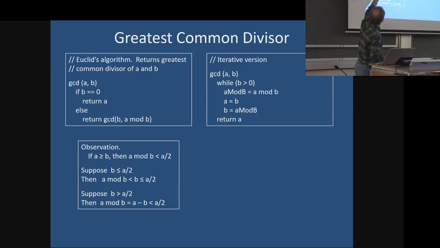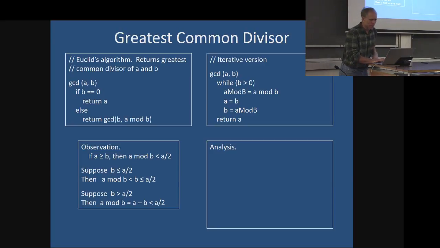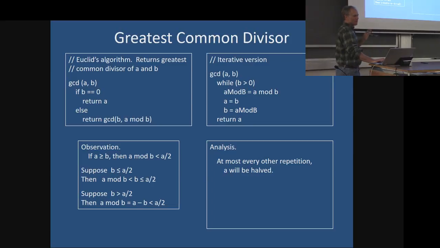So the thing to notice is, I'll just put my analysis right here. At most every other repetition A will be halved, which is what he said. Why is it every other repetition? Because you've got to flip it. You do the mod and then it gets moved over into the first place.